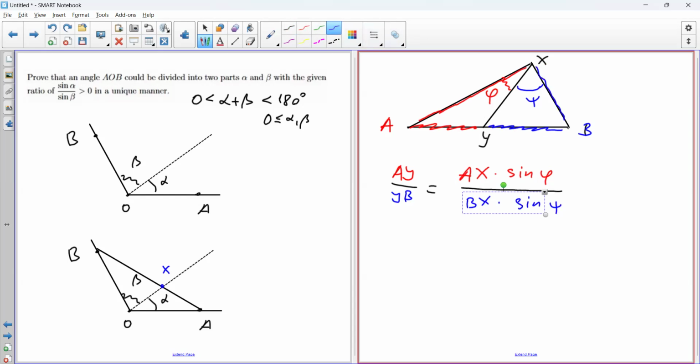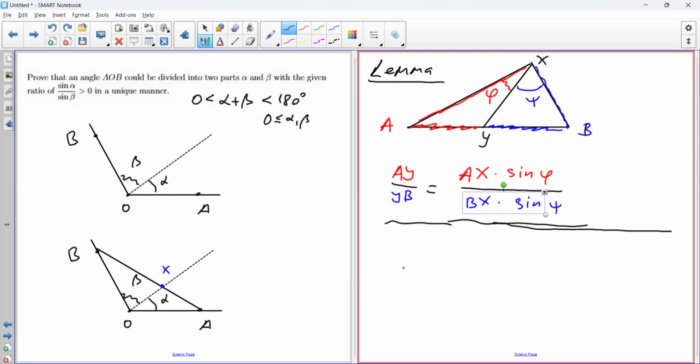Why is it true? The proof of this lemma is very straightforward. It could be proved either by the sine theorem or by expressing the area of the triangle.